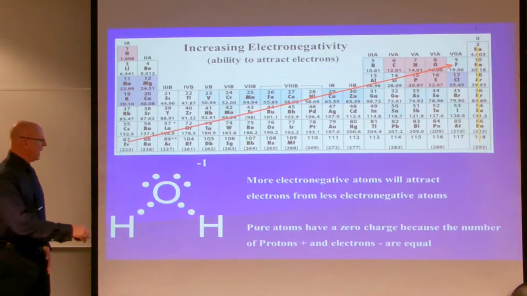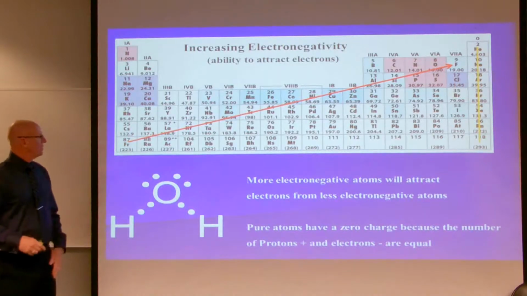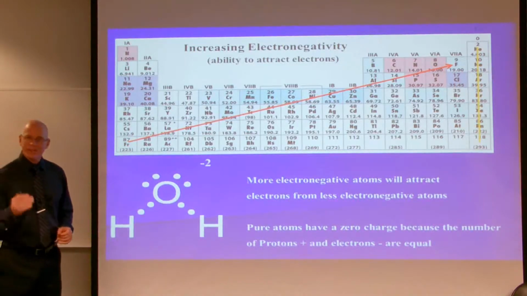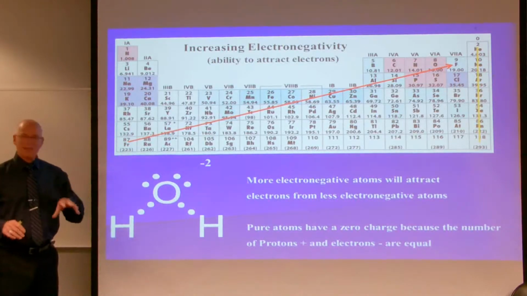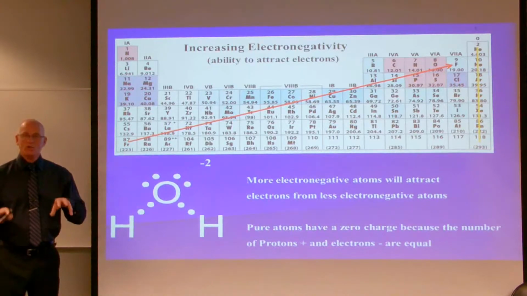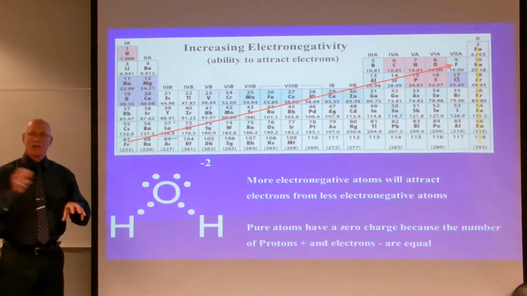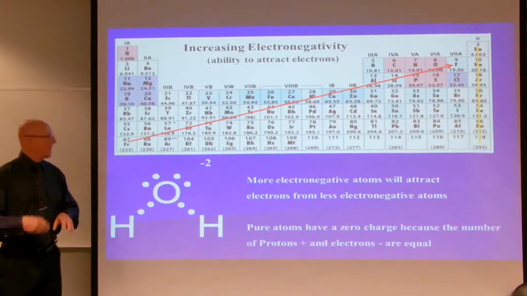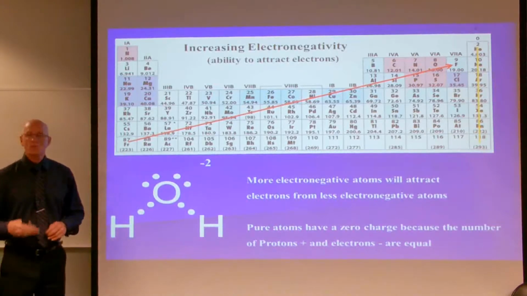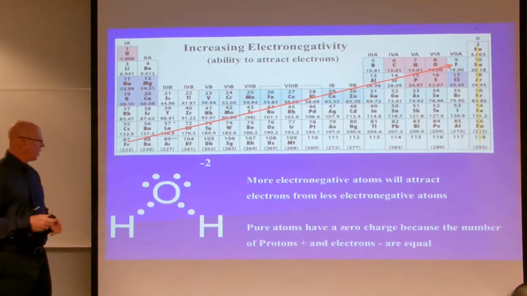And when it dominates this other hydrogen over here, it will have 2 electrons that have negative charges. Now, oxygen originally had a 0 charge, but with 1 electron and another electron, each being negative, that will have a -2 or a 2 minus charge.